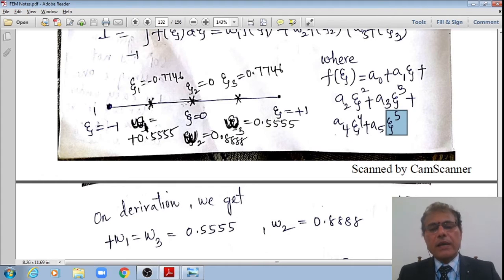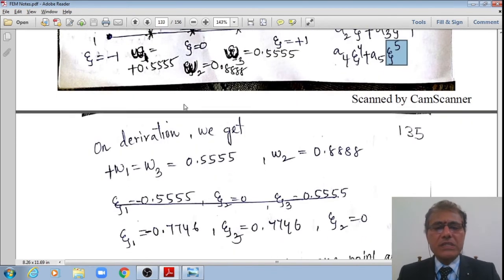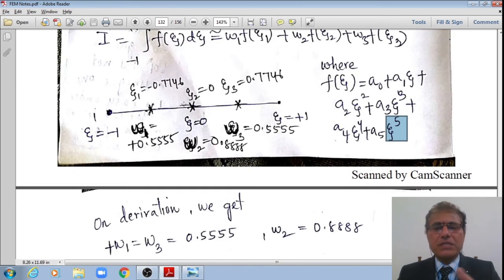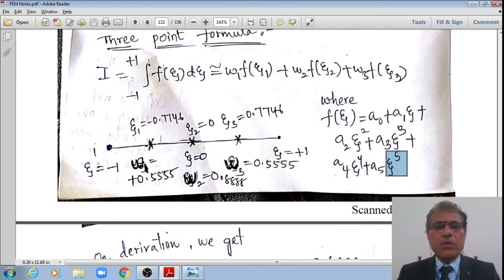Therefore, doing in a similar fashion as we have discussed, our aim is to get this integral of f of xi dxi from minus 1 to plus 1 exact value, but I'll not get that exact value. Therefore, what I'll do is I'll write the error I is equal to integral of f of xi dxi from minus 1 to plus 1 minus w1 f of xi1 minus w2 f of xi2 minus w3 f of xi3.